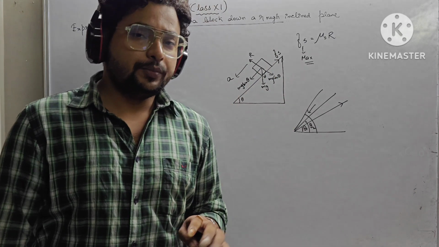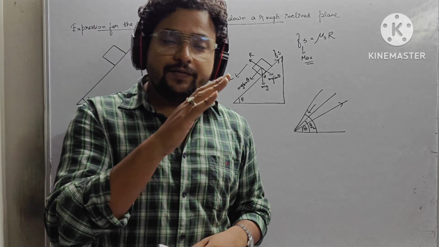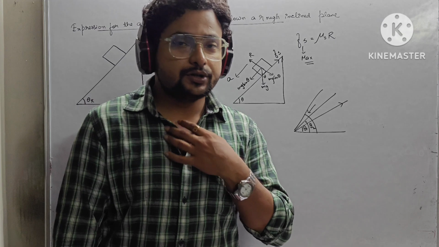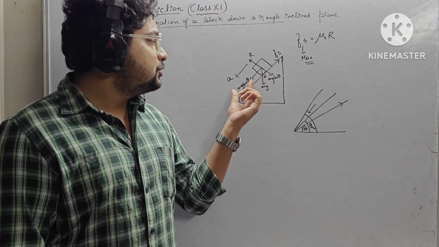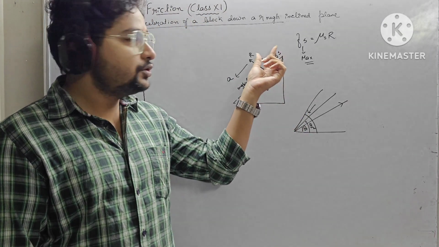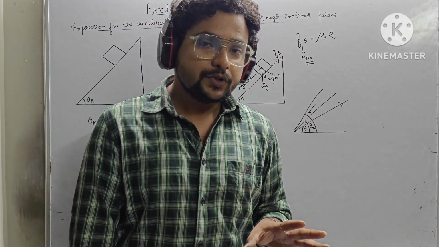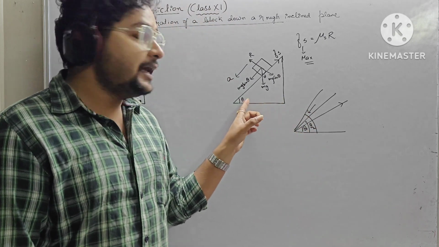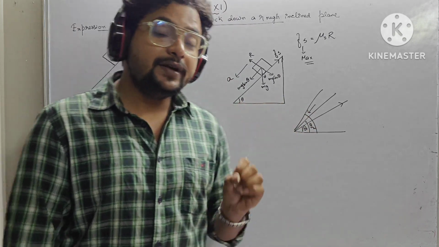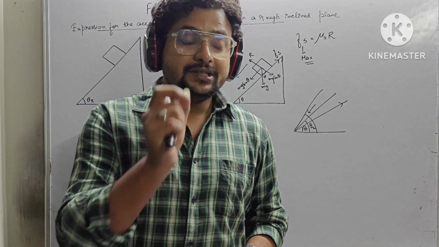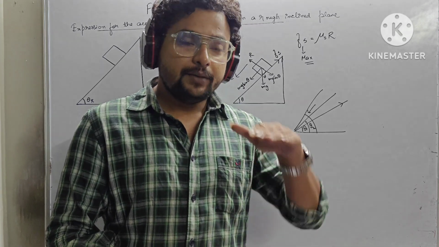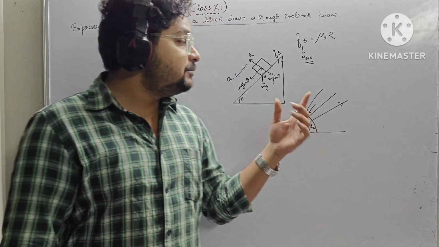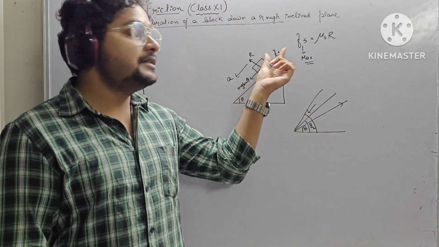Until now friction was stopping the body, because as I increased the angle of inclination, the mg sin theta component was increasing and friction was also increasing. But at a certain angle of inclination, when the block will just begin to slide down, mg sin theta will become greater than the frictional force.